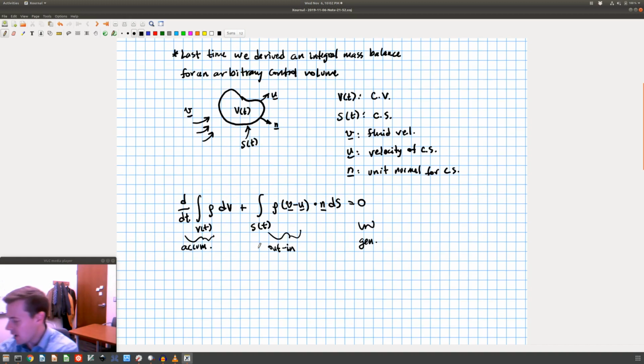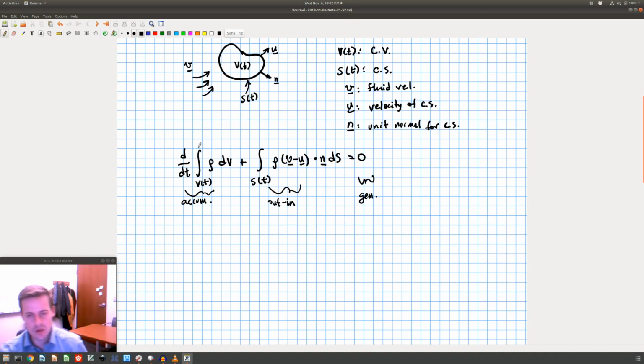So it turns out that we can generalize this statement a little bit further, and we can write this as a general balance for any property.